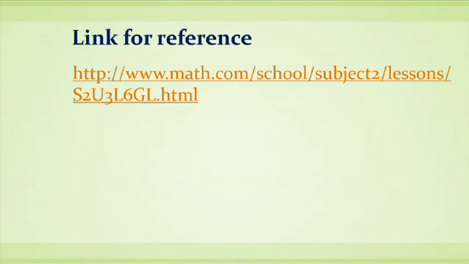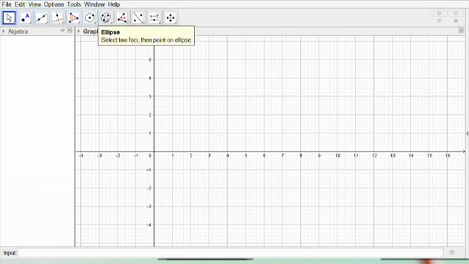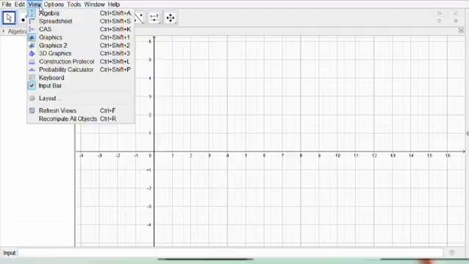Now, we have also learned in the chapter on equations that you can make use of GeoGebra to solve equations. Similarly here, you can make use of GeoGebra to solve inequalities.